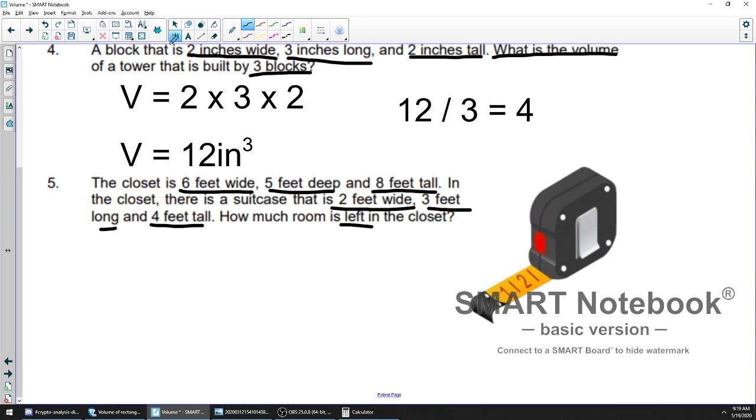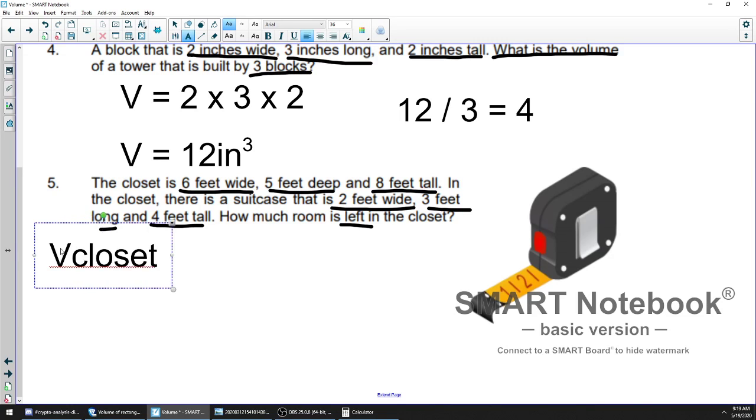So let's figure out the length, width, and height of the closet. So I'm going to put volume, and I'm going to put closet. V closet. And what's the volume of the closet? We got our width, depth, and height. 6 times 5 times 8.